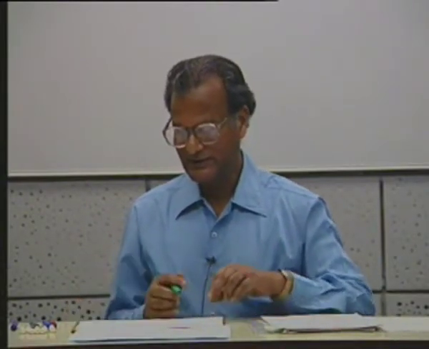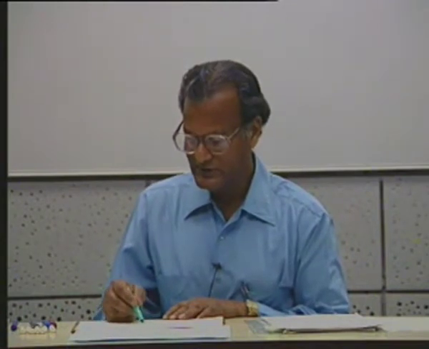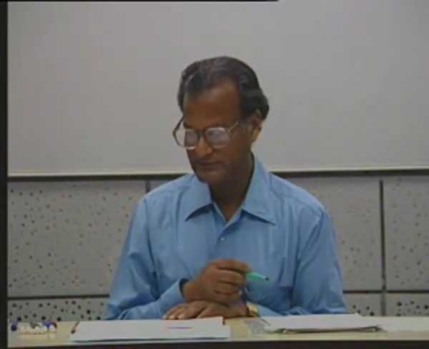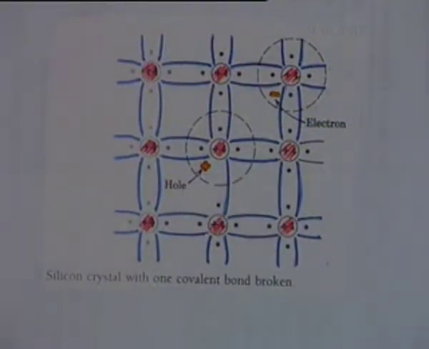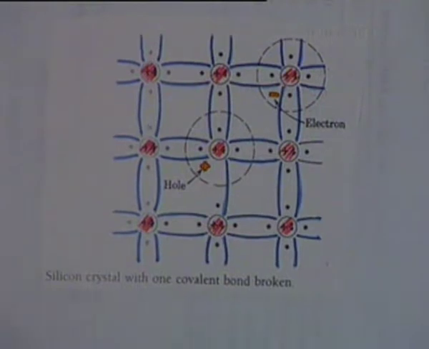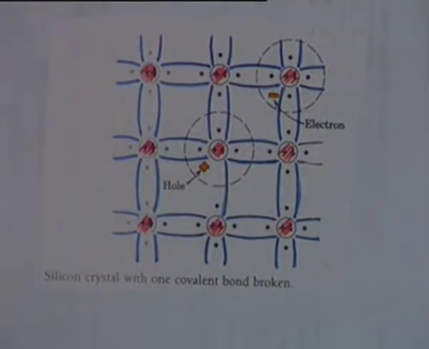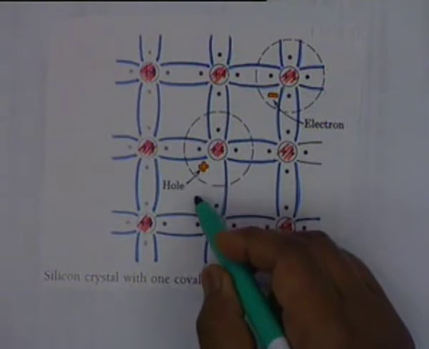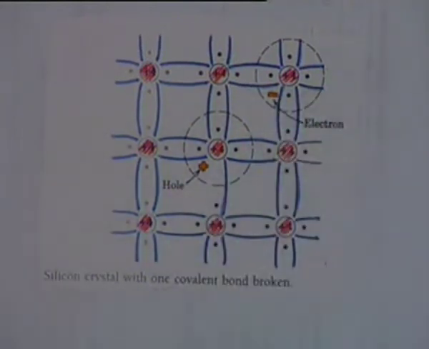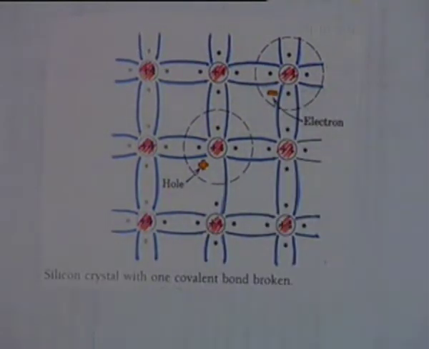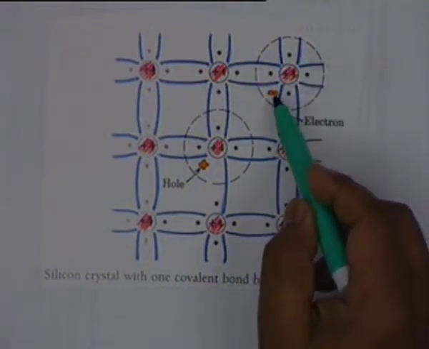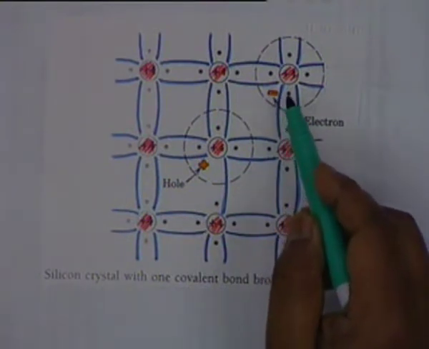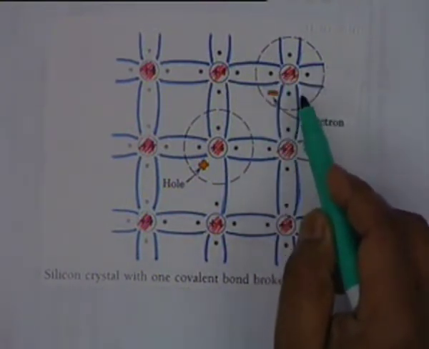Here we show this central atom of silicon. An electron has been knocked out of this either by thermal energy or light energy or some other kind of energy. The electron has been excited enough to move from here to some other position, let's say somewhere here. Before this free electron had entered this region, the region was electrically neutral.